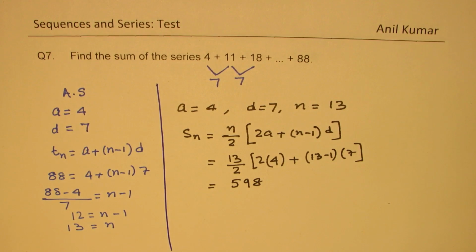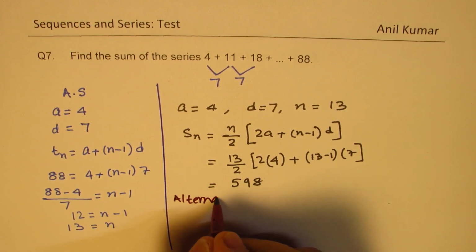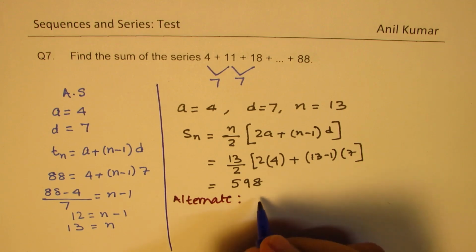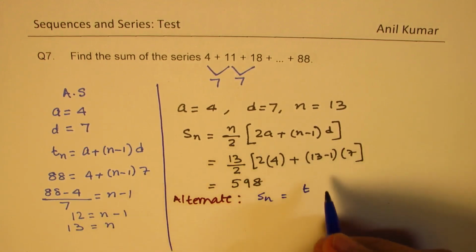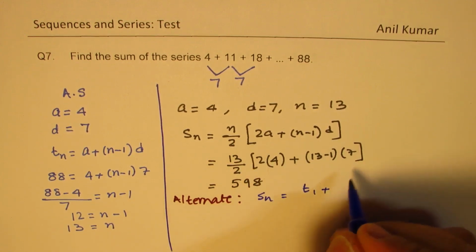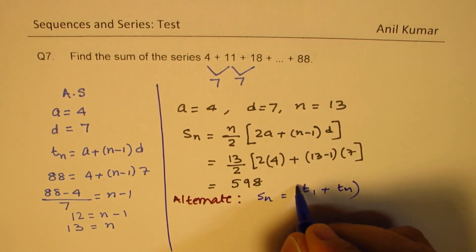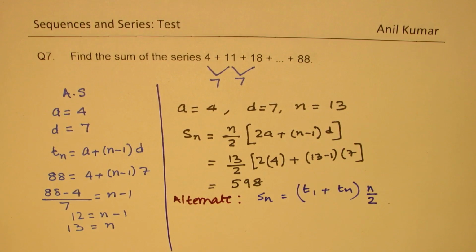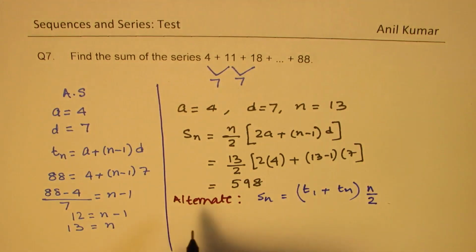Now, for the sum of the series, the alternate formula is pretty good in this particular case, so let's see the alternate solution also. The alternate formula for the sum of the series will be Sn equals the first term t1 plus the last term tn, times half of the number of terms, right? That becomes a general formula. We can always use this to find the sum for our 13 terms.